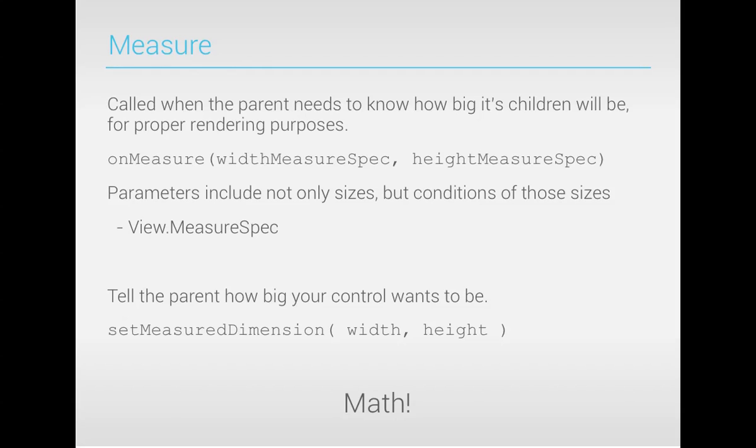So measure is what is called when the parent needs to know how big its children will be. On measure you get two things: a width measure spec and a height measure spec. And it's not just a pixel value; it's actually encoded. It's a measure spec.